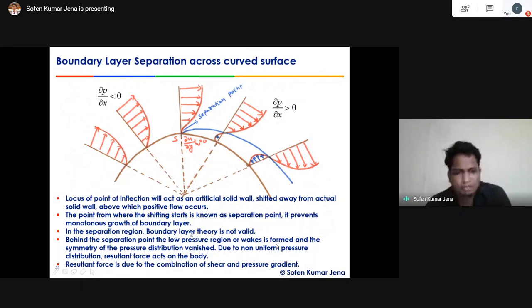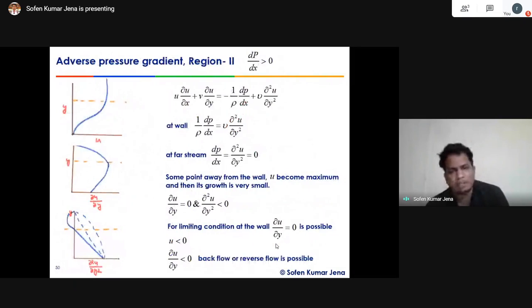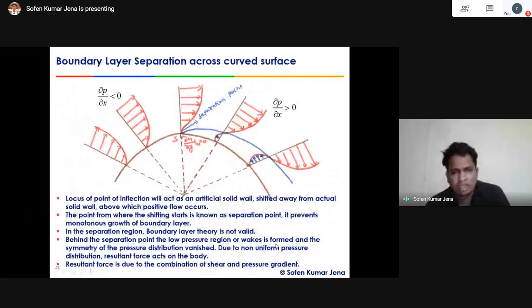So in the separation region, the boundary layer theory is not valid. Whatever boundary layer equations and solutions you derived for the flat plate may be valid in this upstream region, but in the separation region, whatever boundary layer theory we have derived is not valid, because there is a reverse flow, right?